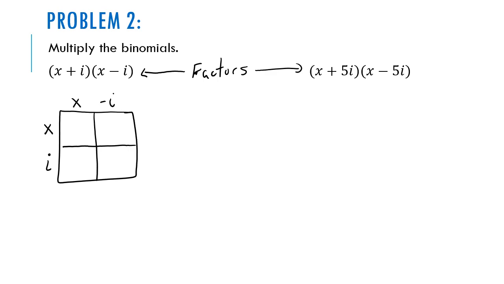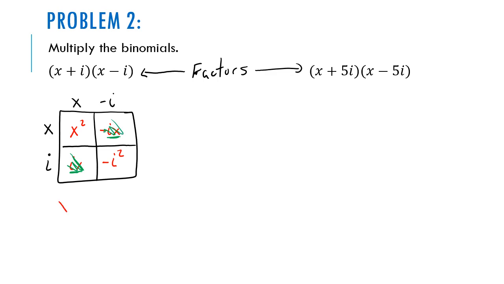So x times x makes x squared. X times negative i is negative ix. I times x is ix. And i times negative i is negative i squared. Well, if you have ix and then you take ix away, you make 0. So those aren't really there anymore.